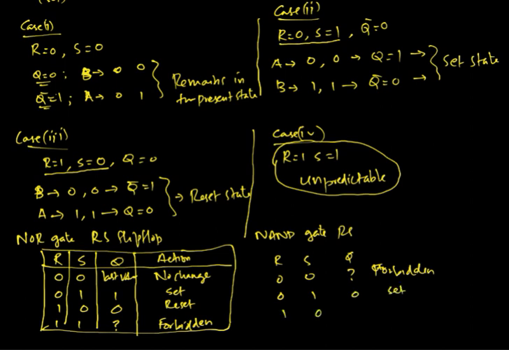When R is equal to 1 and S is equal to 0, it is the reset state, Q is equal to 0. And when both are 1, the Q will be the last value, that means no change in the output. So this is the truth table for a NAND gate. Usually we will consider the flip-flop with NOR gates, or we will generally use this truth table to discuss the flip-flop.